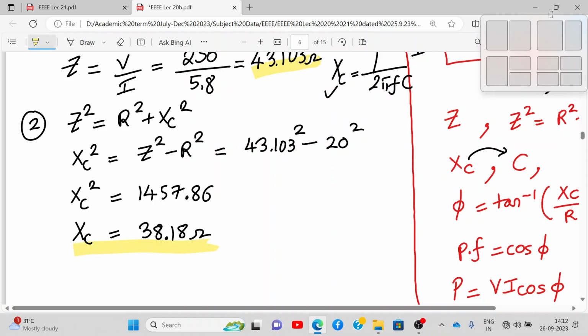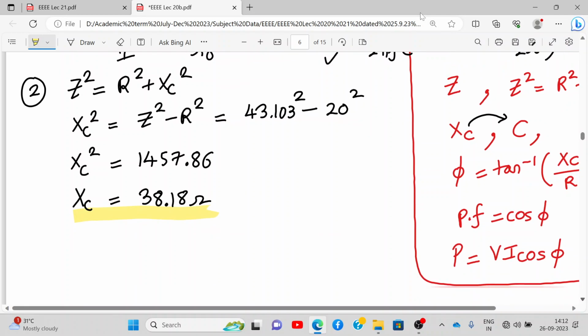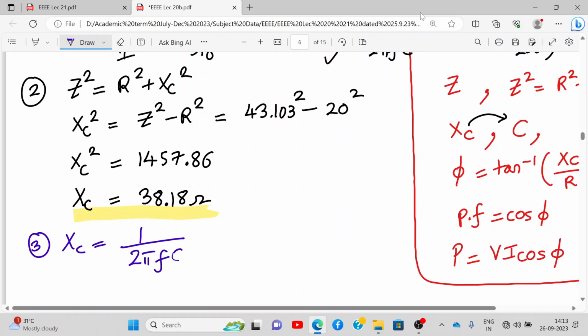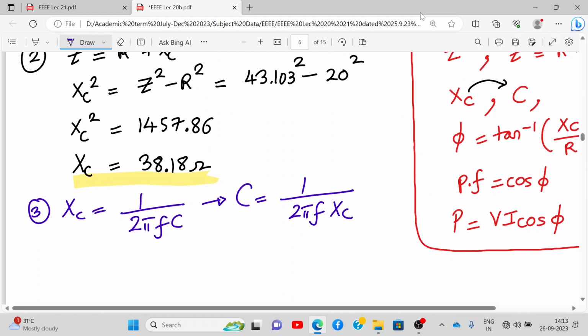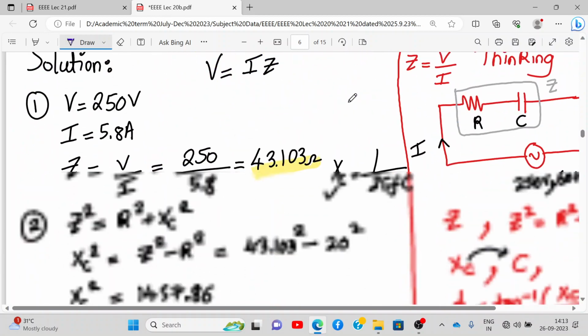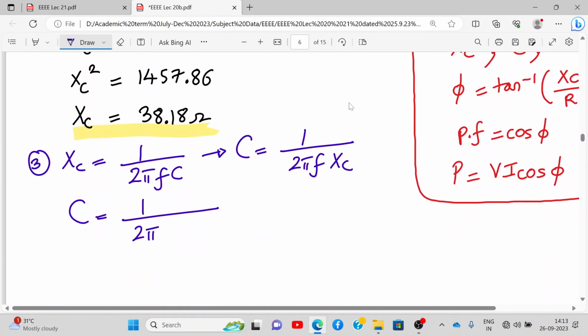From here, can I find the value of capacitor C? Yes, I can. XC is 1 upon 2 pi F into C, so capacitance is 1 upon 2 pi F into XC. Substitute the values: C is 1 upon 2 pi into 60 into 38.18 ohms.